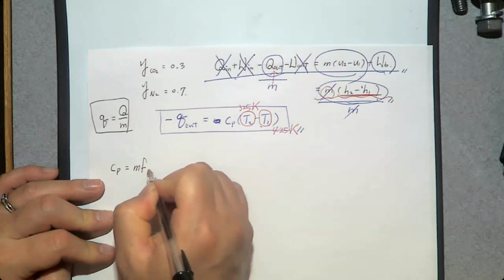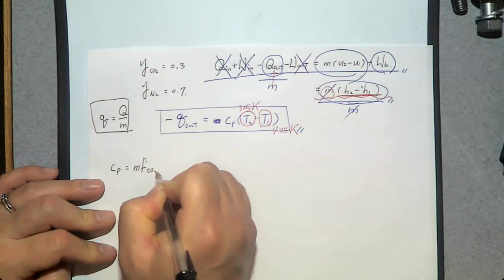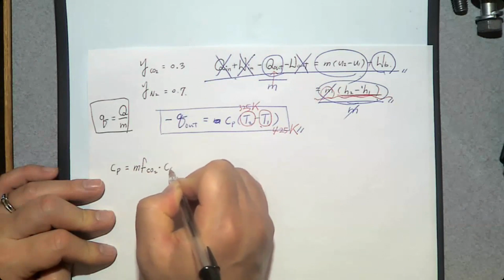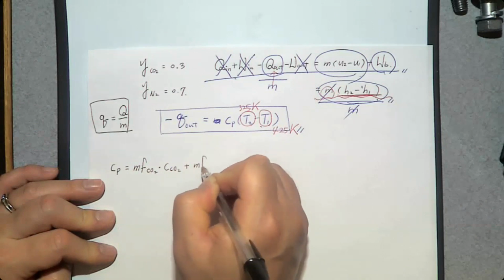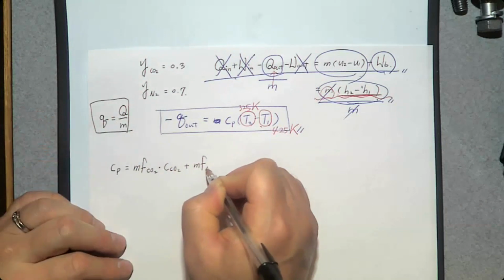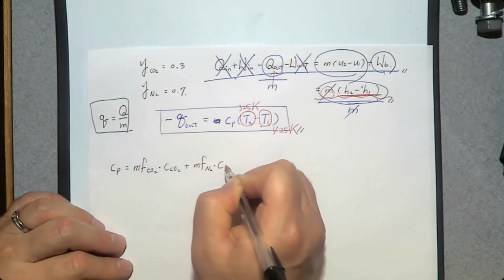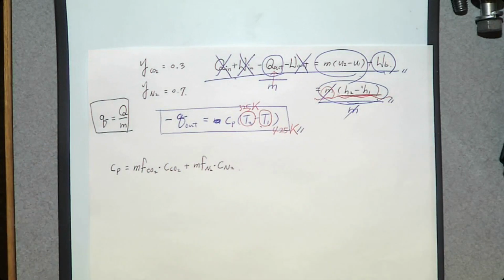So in this case, the mass fraction of carbon dioxide times the specific heat of that component plus the mass fraction of the other component, nitrogen, times the specific heat of nitrogen. So that's how we determine the specific heat of this mixture. Then do we know the mass fraction? No, but we know the mole fraction. So here we need to study how to convert mole fraction into mass fraction.